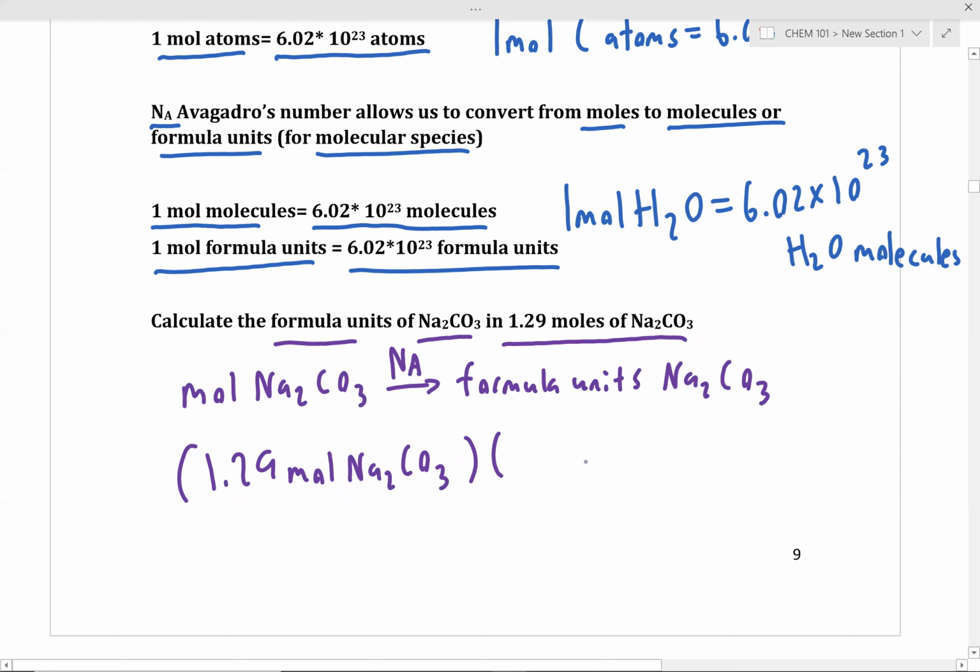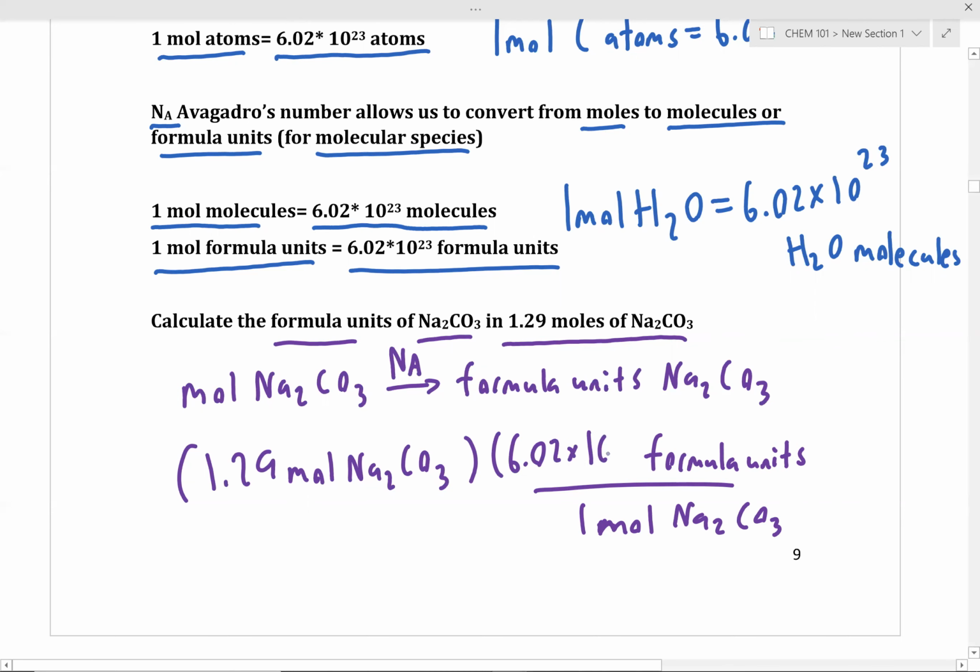So how many formula units do we have in a mole? How many formula units are present in 1 mole of sodium carbonate? Yep, exactly. Avogadro's number, which is 6.02 times 10 to the 23rd.